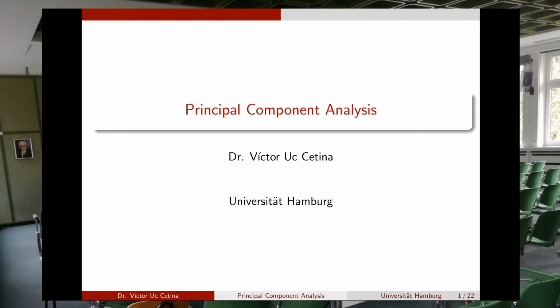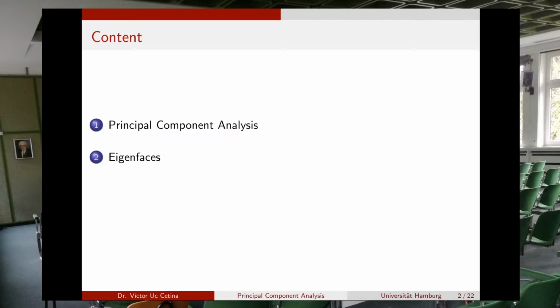Hello, this time I'm going to talk about principal component analysis. This is an unsupervised learning algorithm which is mainly used for reducing the dimension of the dataset. So I will talk about the principal component analysis method, and then I will explain a very interesting application of it, which is called eigenphases.